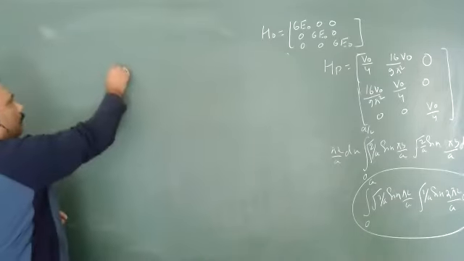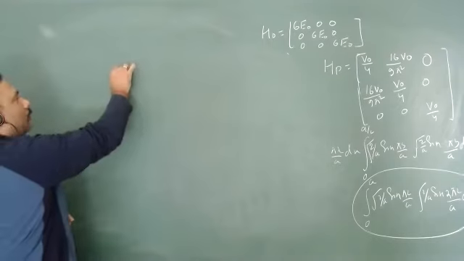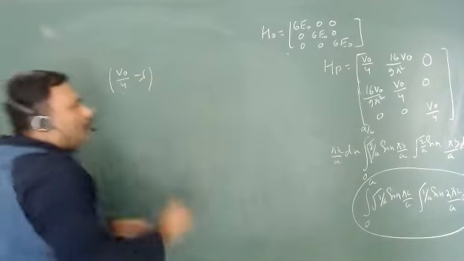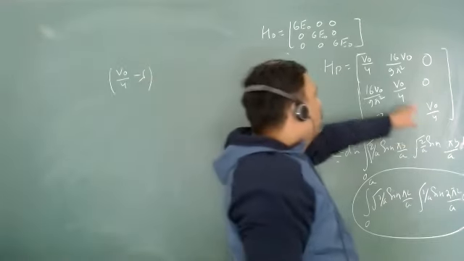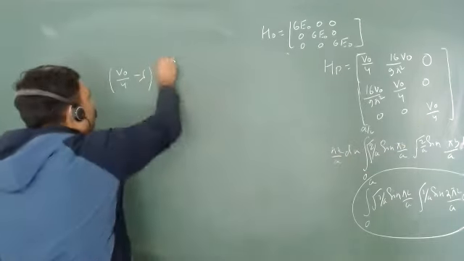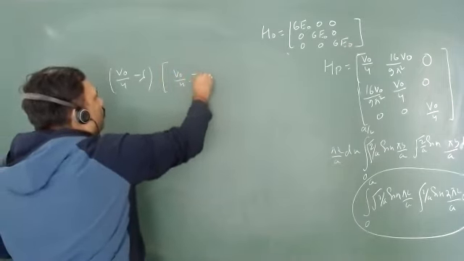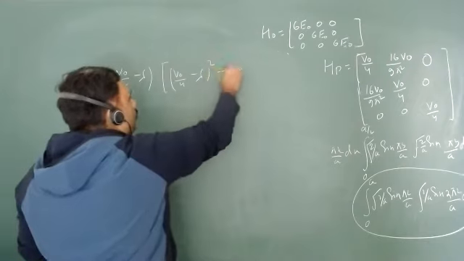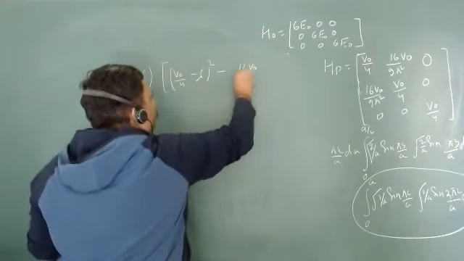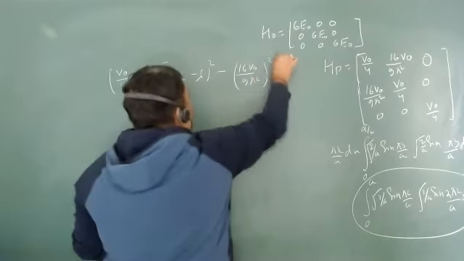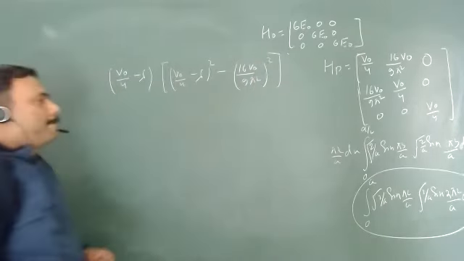So I think the determinant is V0 by 4 minus lambda. I am just expanding about this, and we have V0 by 4 minus lambda whole square minus 16 V0 upon 9 pi square whole square, isn't it?